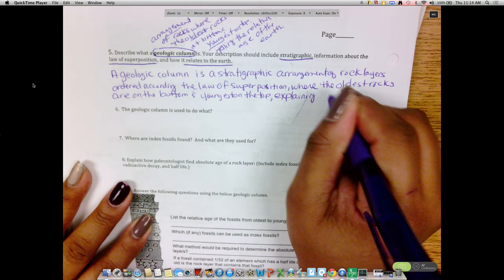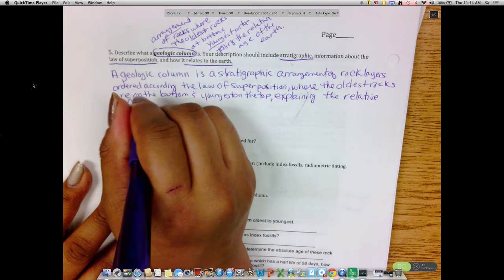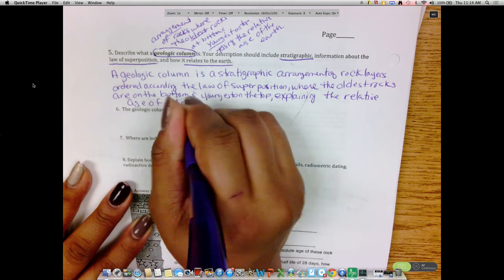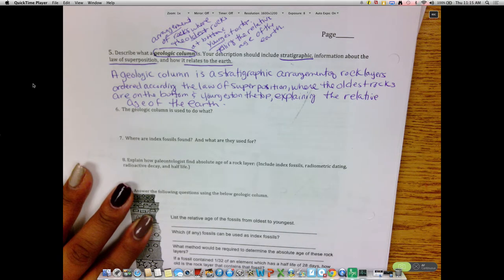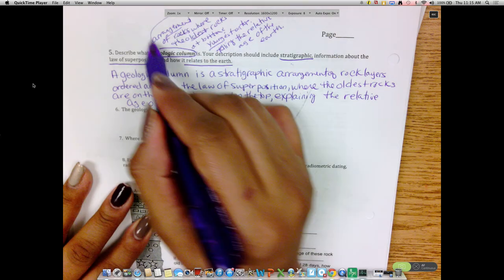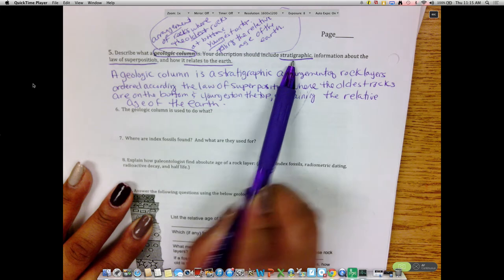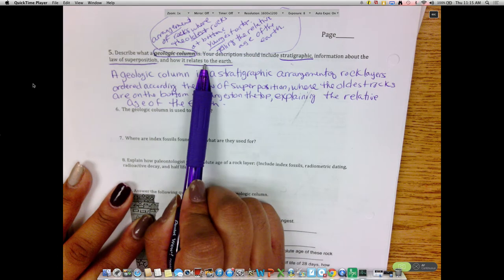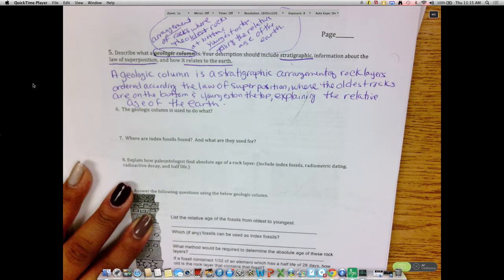Explaining or telling the relative age of the earth. There we go. This is a good explanation. However, the question needed you to include stratigraphic, law of superposition, and relates to the earth. This is a full explanation according to what the question is asking you.